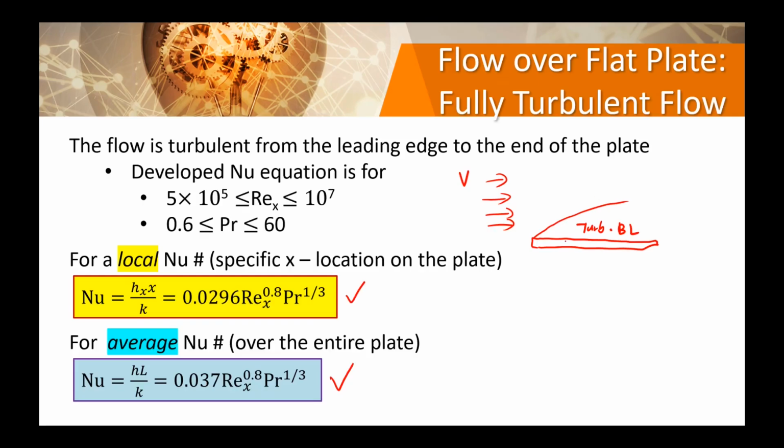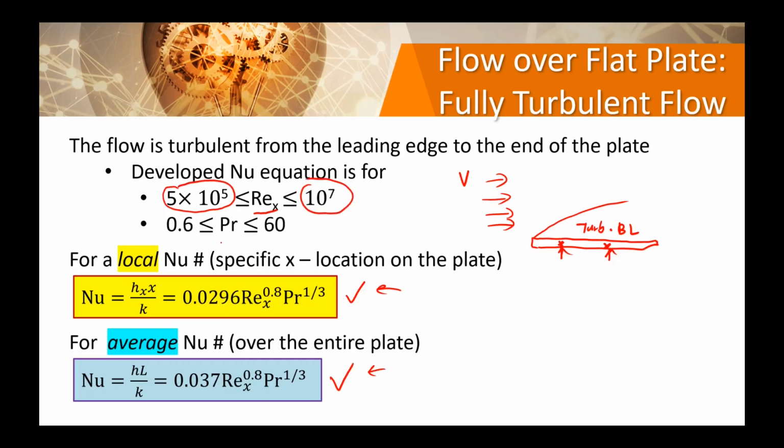Okay, so again, here or here, you want to look at what is the Nusselt number or heat transfer coefficient at this particular point, and so on. You'll use the yellow one. And if you were to analyze the entire plate, you will use the blue one. Okay, sounds simple, right? So it is valid for Reynolds number between the critical Reynolds number and the fully turbulent one.